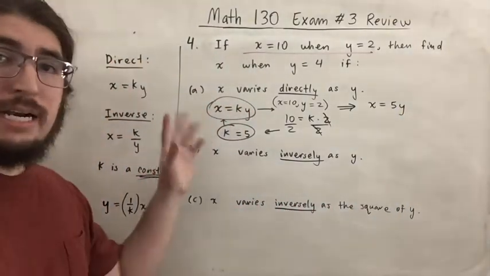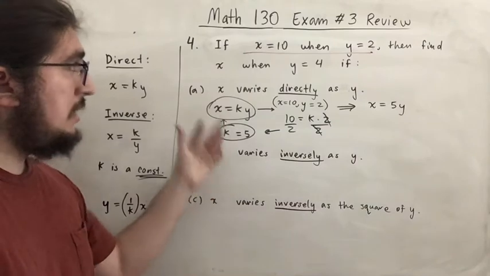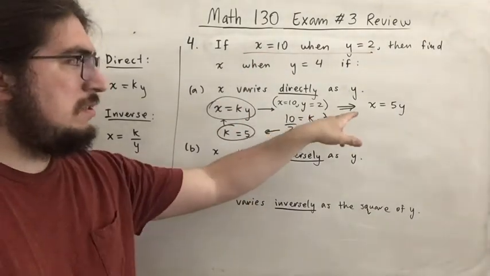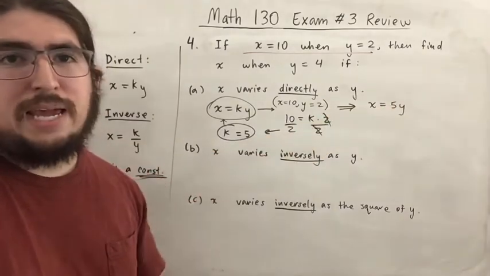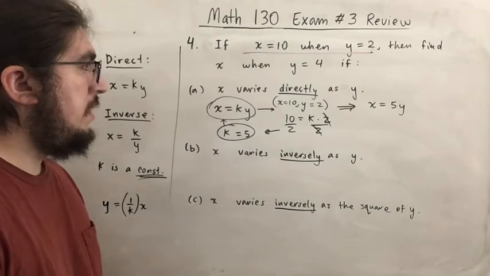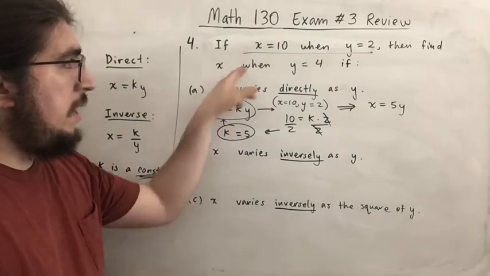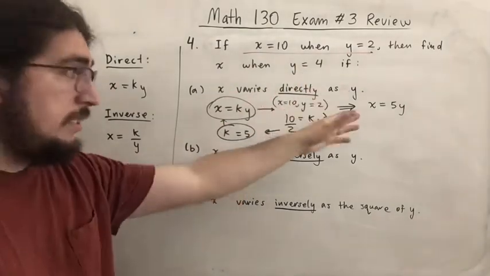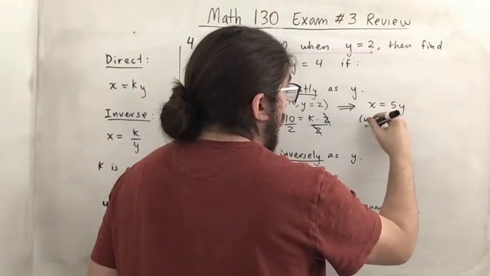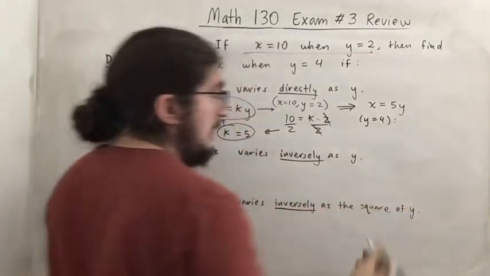Now again, if you were to set it up the other way, y is equal to k times x, plug these in, you'll get k is 1/5. But if y is equal to 1/5 times x, multiplied by 5, you'll get exactly this. So it's the same idea, actually. Okay, so now to find x when y is equal to 4, once we found our constant, we're going to now let y equal 4 and figure out what x must be.